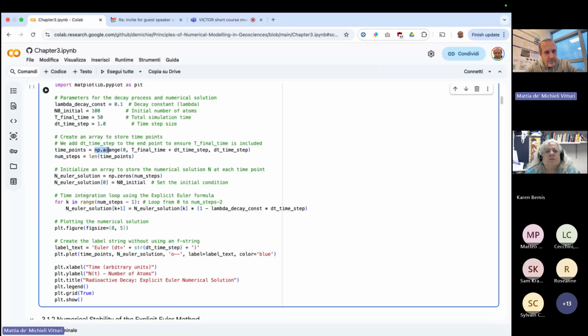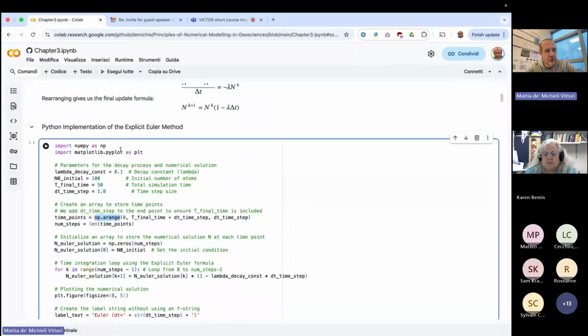Then we use the NumPy function arange, which creates a uniform grid of time values between the initial time, which is 0, and the final time, with this time step. You can see that here we are not using exactly the final time, but the final time plus the time step.